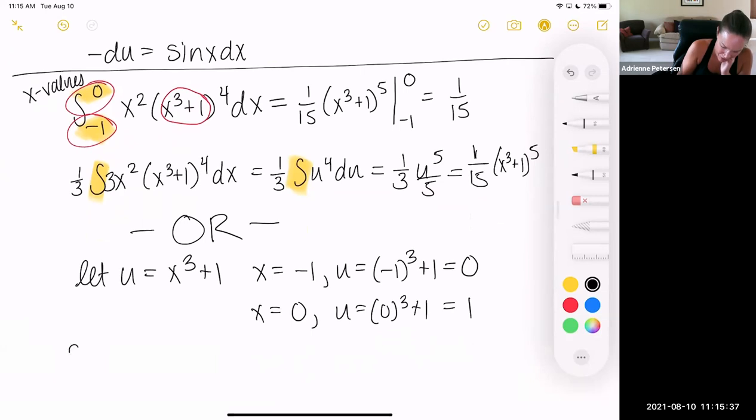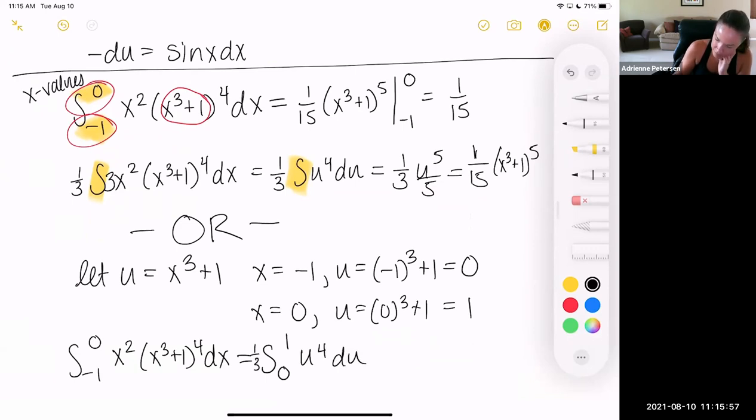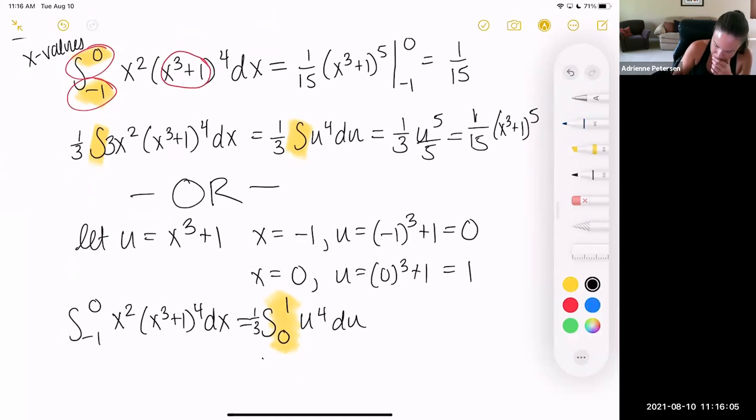So the other way, if we want to do u substitution inside this definite integral, when we make our substitution to u, what we would do is replace these limits of integration with our u values. So from 0 to 1 of 1/3 u to the 4th du. So if our variable inside our integral is u, and we want to write the limits, those have to be in terms of u as well.